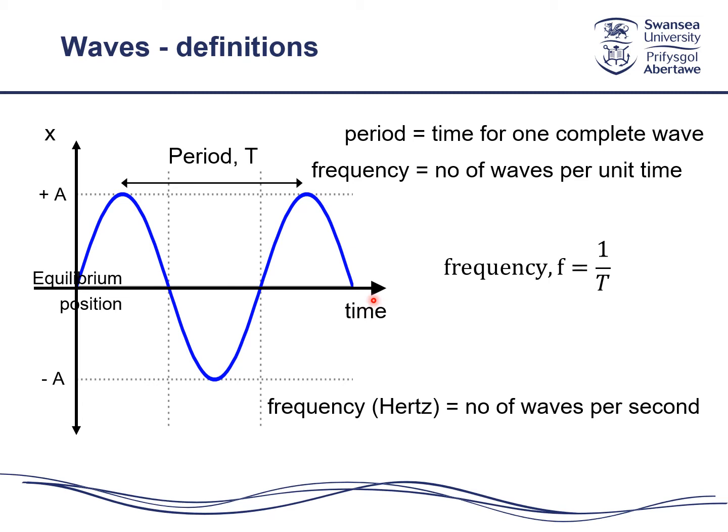We can also define frequency, which is the number of waves per unit time. The relationship between frequency and period is inverse, so frequency equals 1 divided by period. The units of frequency are, of course, hertz, which are the number of waves per second.